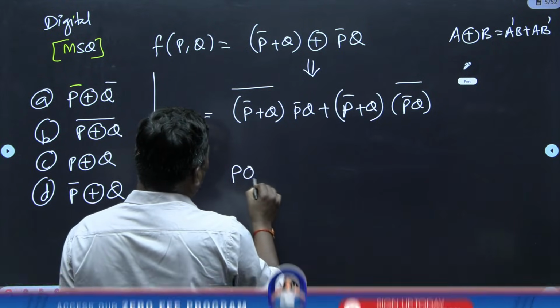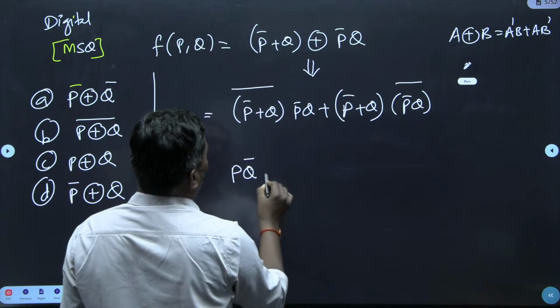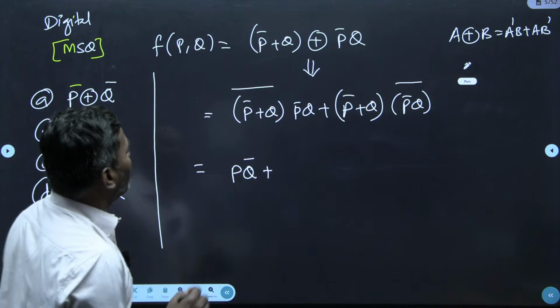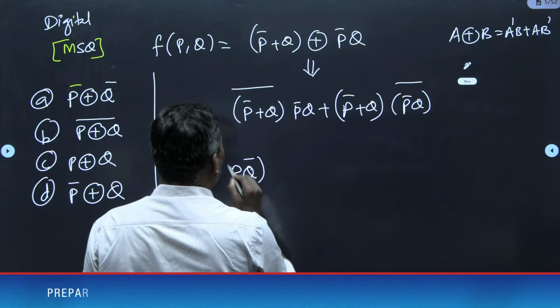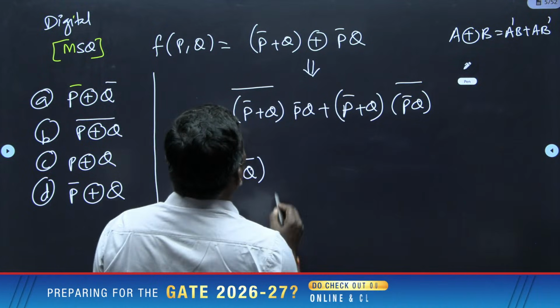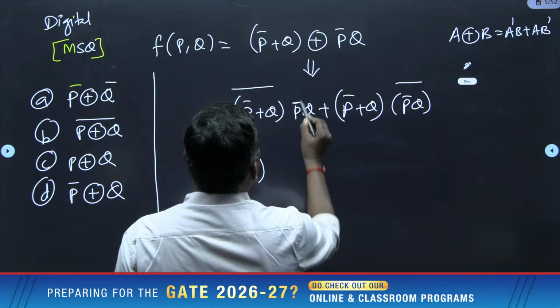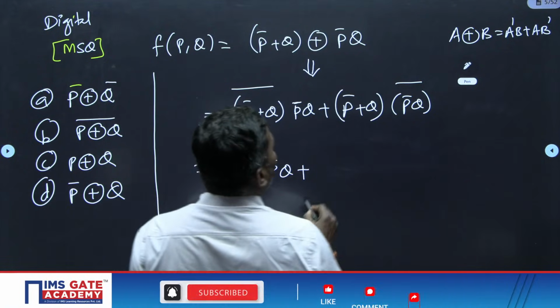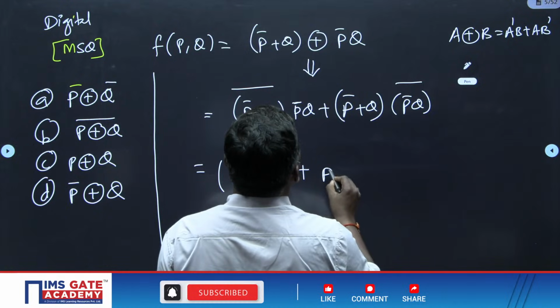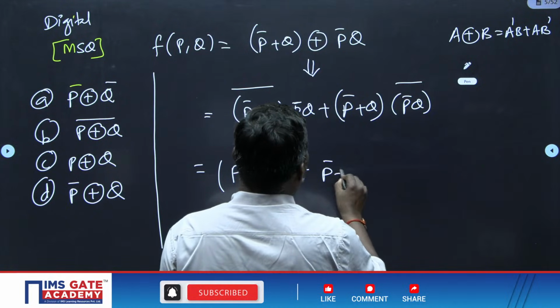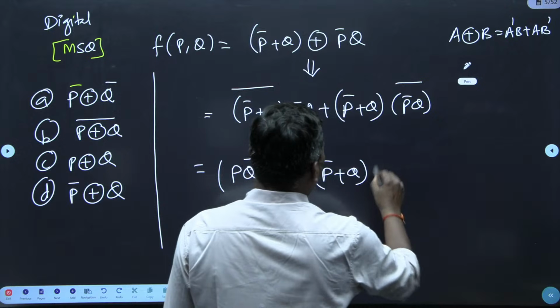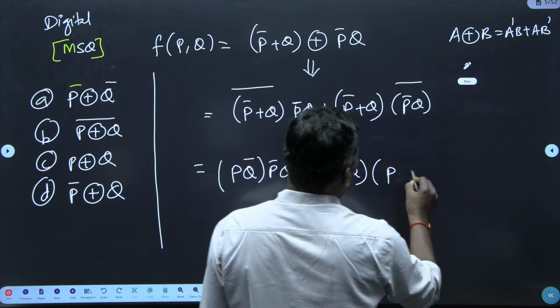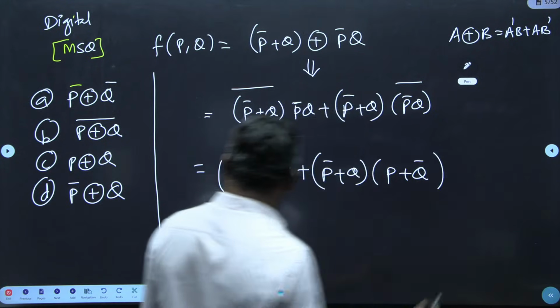What happens? PQ' will come from this part, plus P'Q will be there. What happens to this one? P' + Q, so this will be P + Q' will come, right?